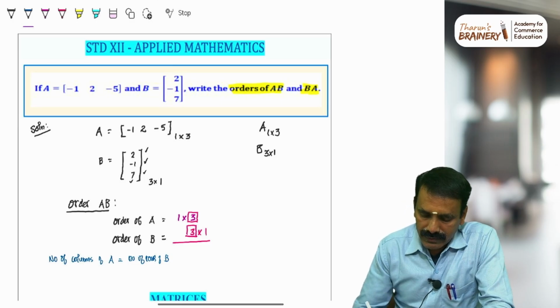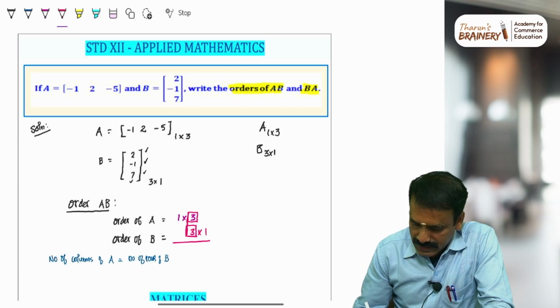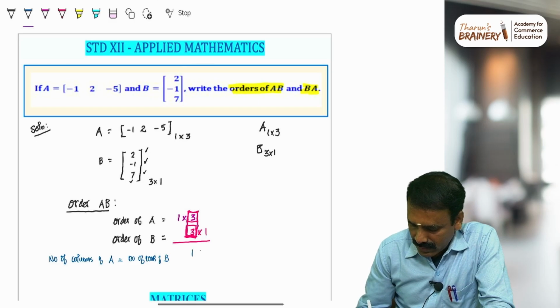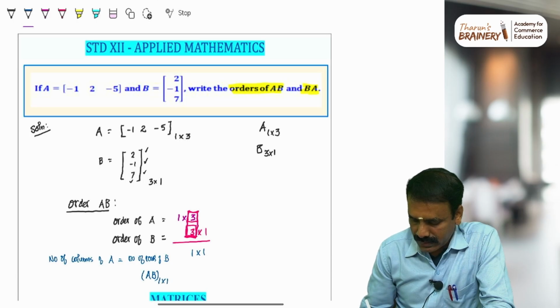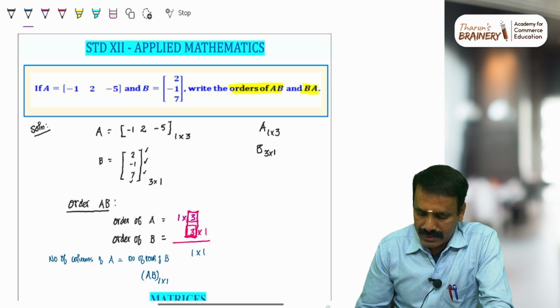Now what is the order of the resultant? Because these two are equal, the product is permissible. So the resultant matrix is of order 1 by 1. So AB is a matrix of order 1 by 1, and it will have only one element.